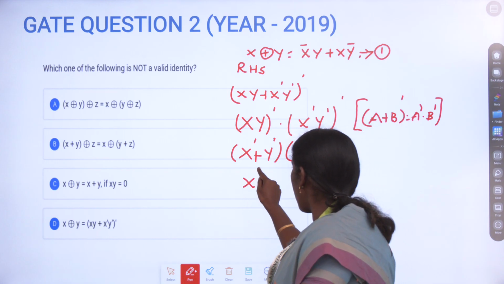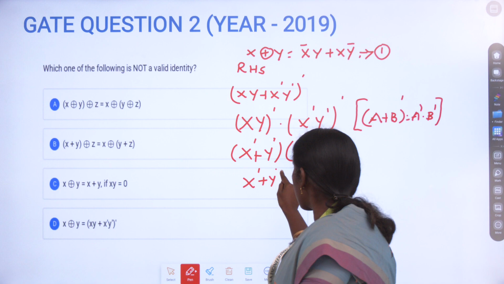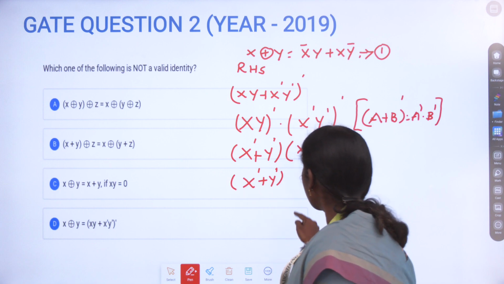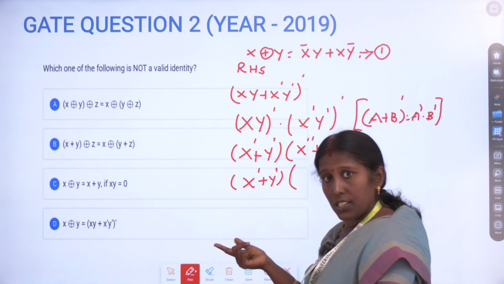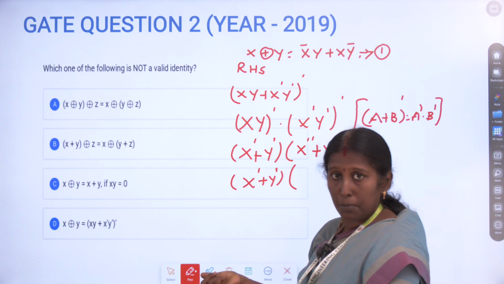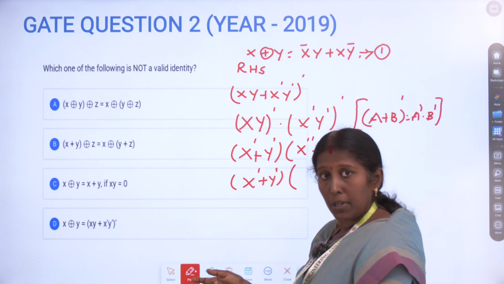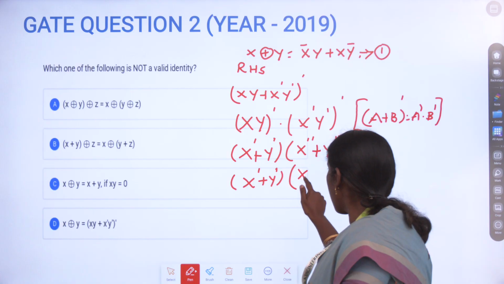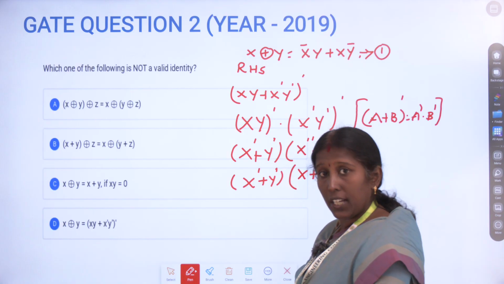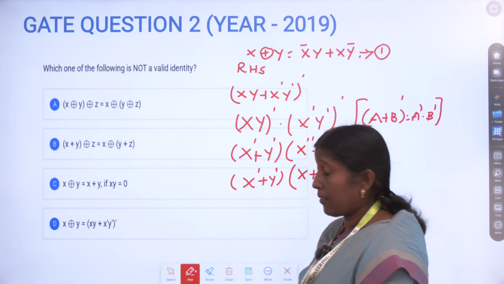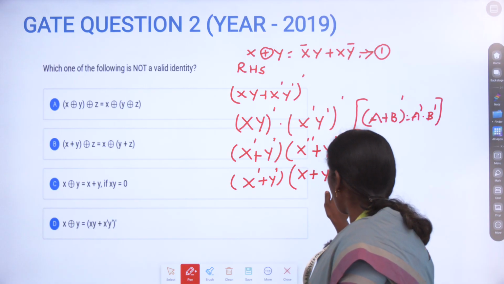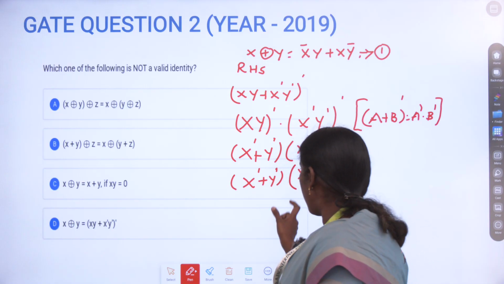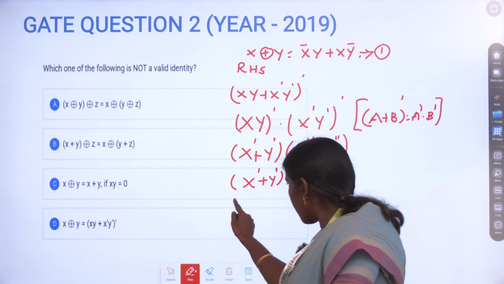So x dash plus y dash. Okay, so we know that x double dash, which is nothing but x double bar, is nothing but x, and y double bar is nothing but y.